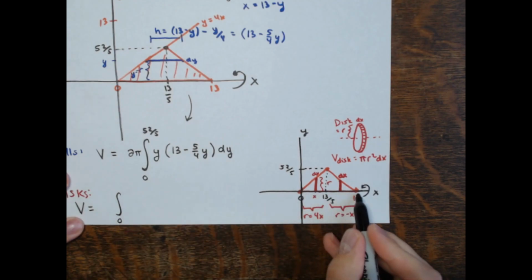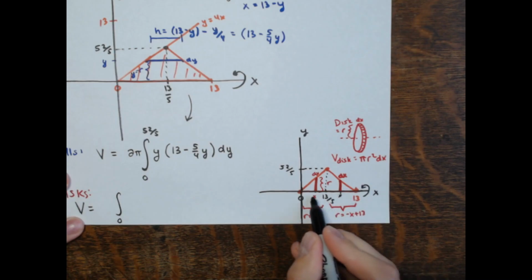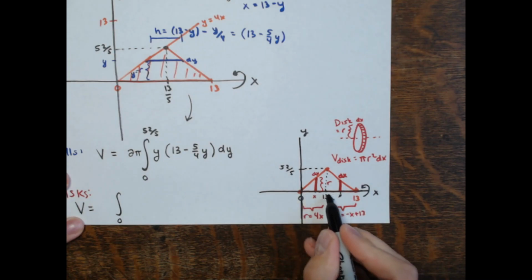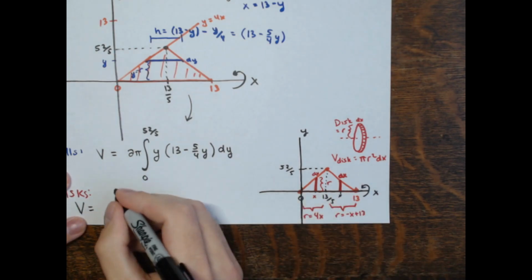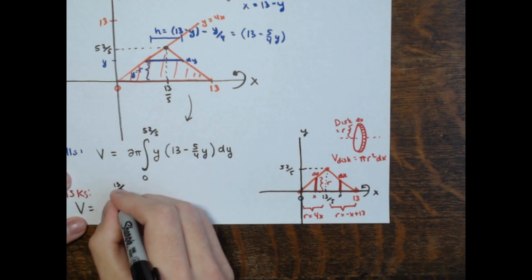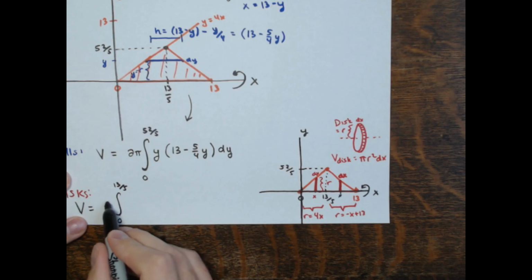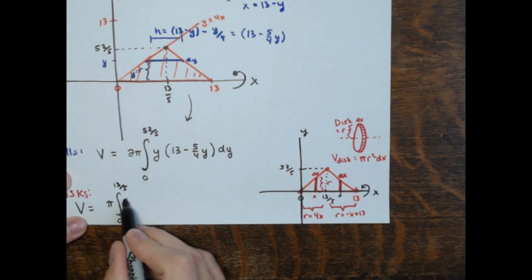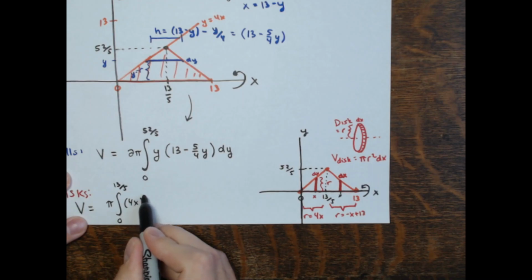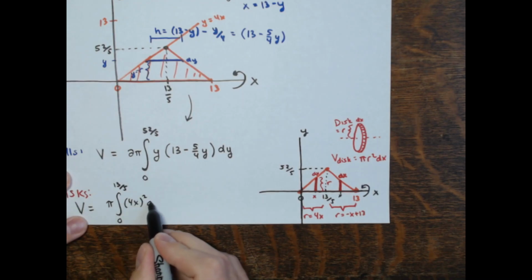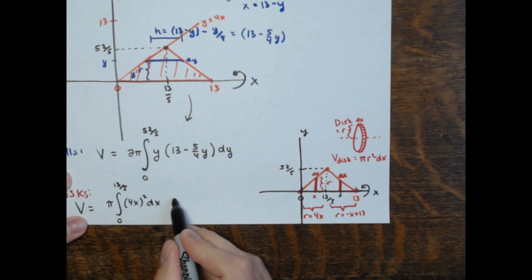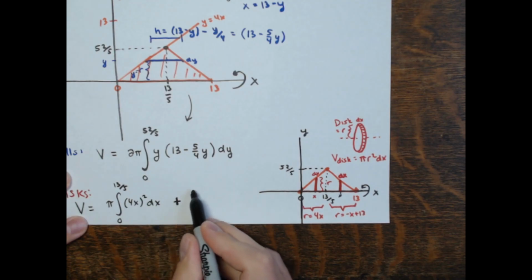I'd be doing this for every x value from 0 to 13, but I'm breaking it up from 0 to 13/5 and then from 13/5 to 13. The volume of these disks is pi times the radius squared. The radius in that region will always be 4x, so pi times 4x squared times the thickness.